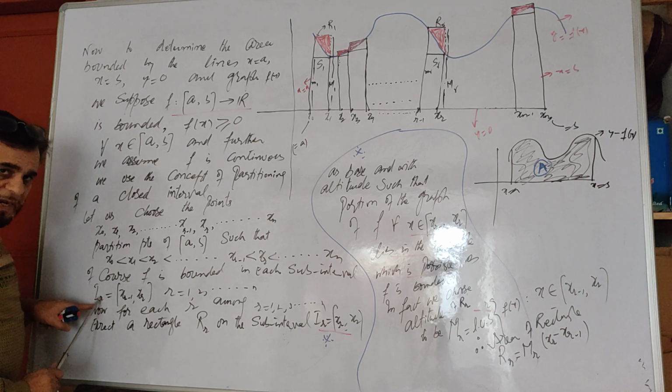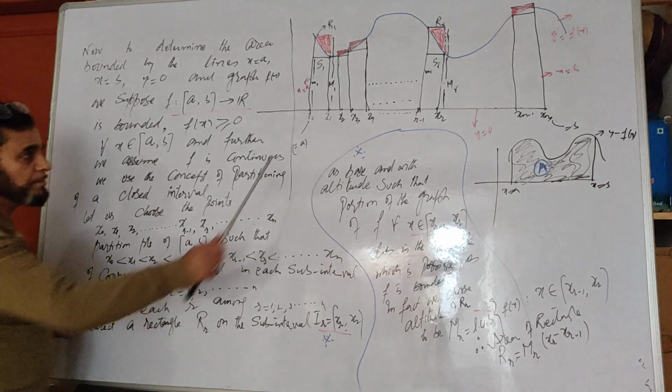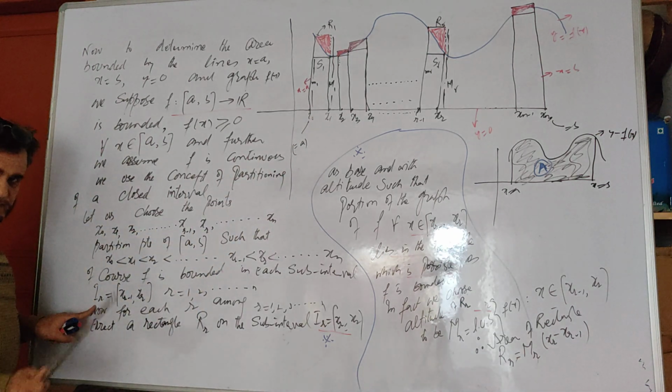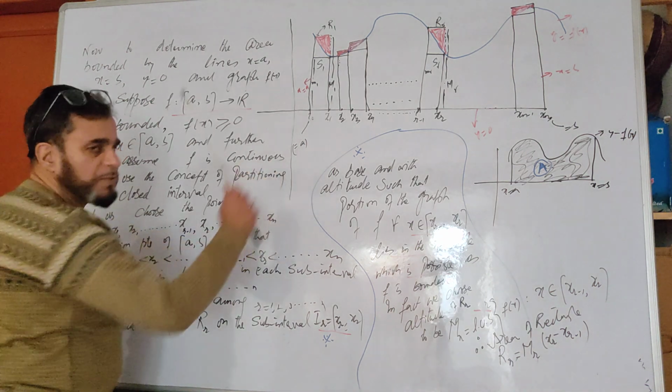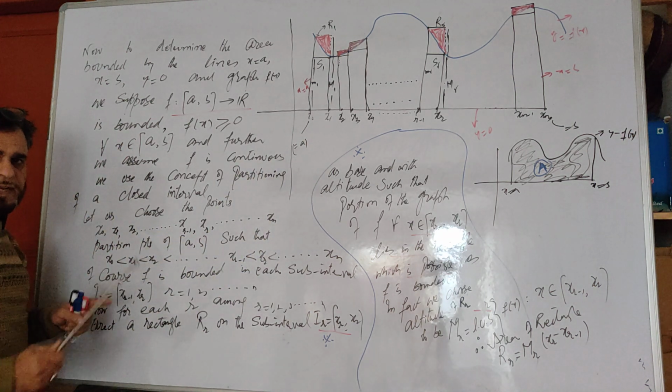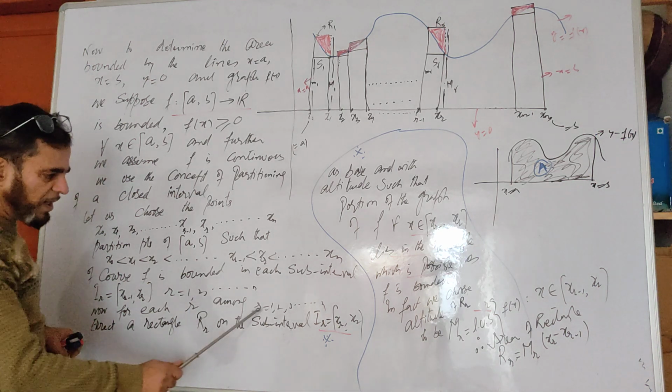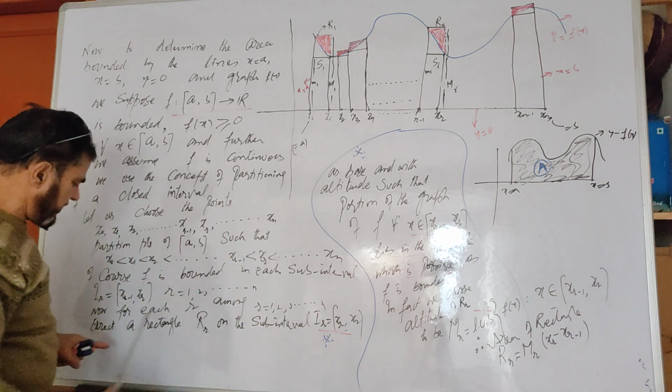So it is bounded on I1, which is [x0, x1], and on the I2 subinterval, that is [x1, x2], meaning it has a lower bound and an upper bound.